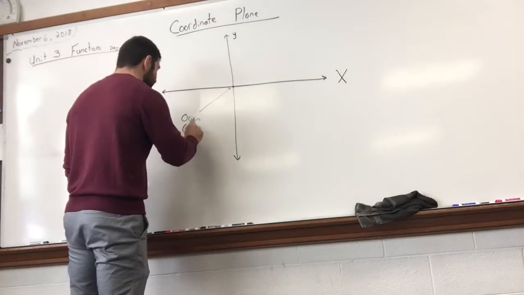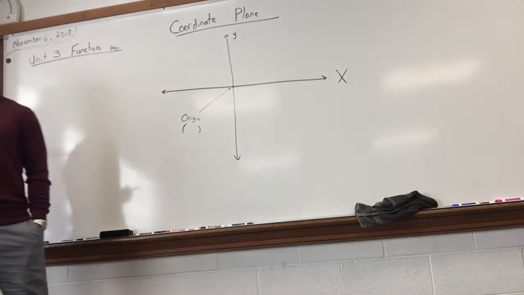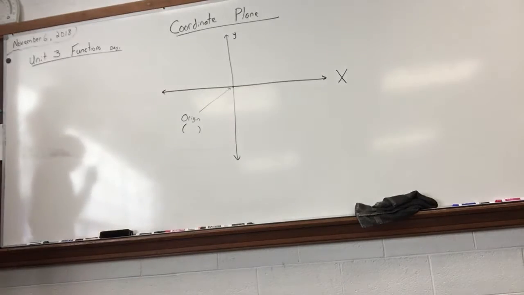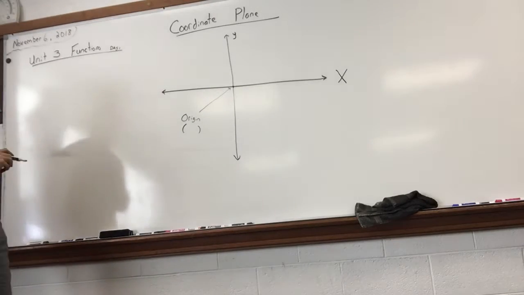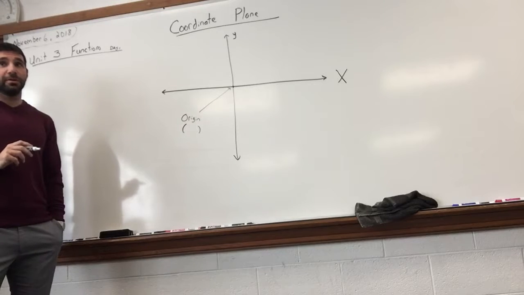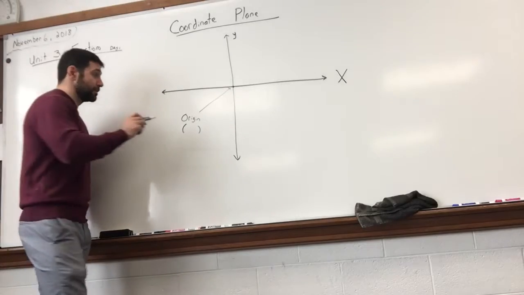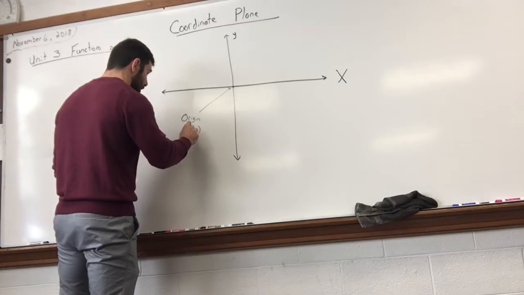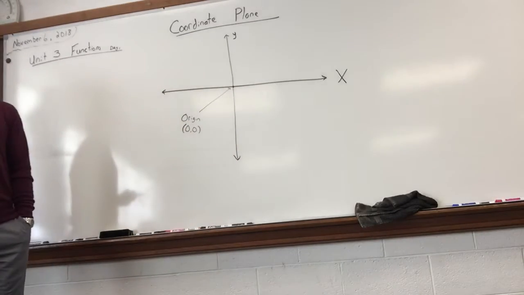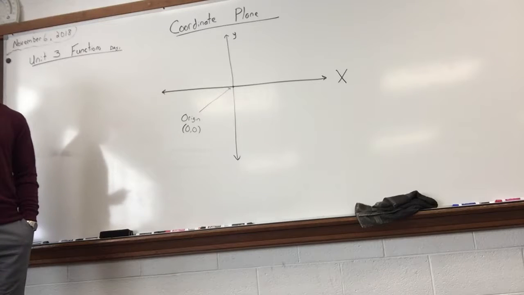That point, which is called the origin, has an ordered pair. And we're going to talk about ordered pairs in a second. But what 2 numbers do we associate with the origin? 0, comma, 0. That is the origin.